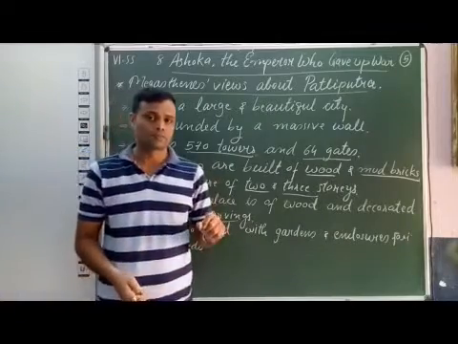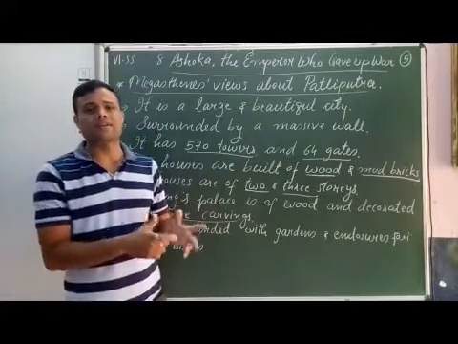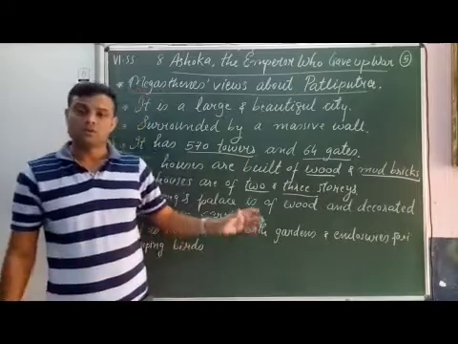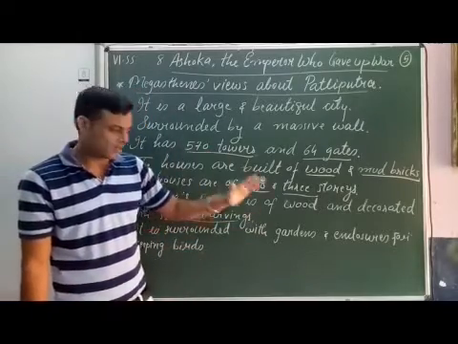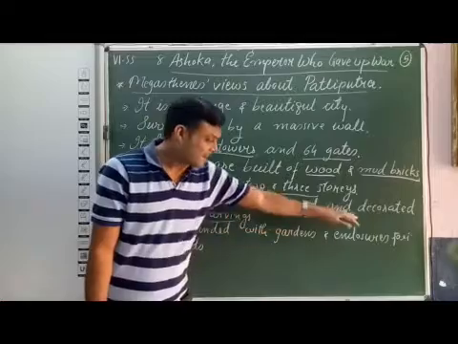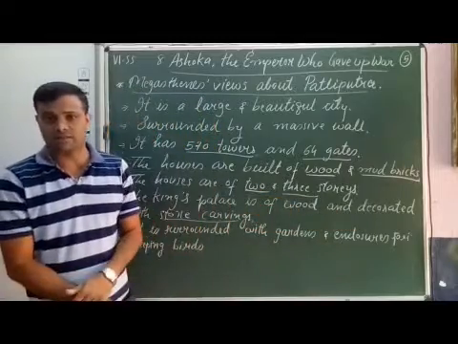Carvings on stone. On huge stones, carvings were made. So the emperor's palace is of wood and decorated with stone carvings.